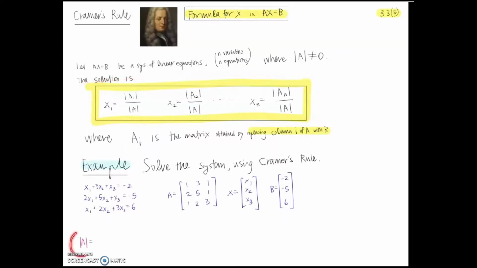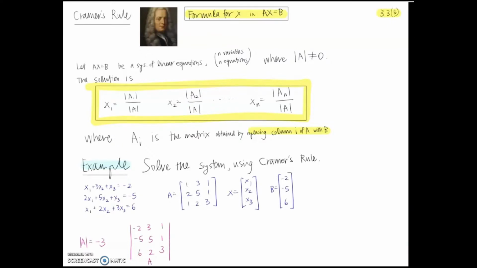I know I'm going to need to find a bunch of determinants, and I start by finding the determinant of A, and I'll go ahead and use my calculator to find the determinant of this. And the determinant of A ends up being -3. Okay, my next job is to find the determinant of A1, and that is, I'm going to replace, well, columns 2 and 3 are the same, but then column 1 needs to be the b vector, so -2, -5, 6.